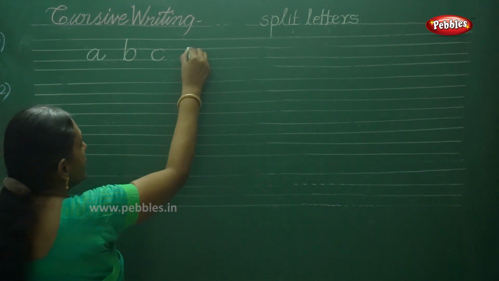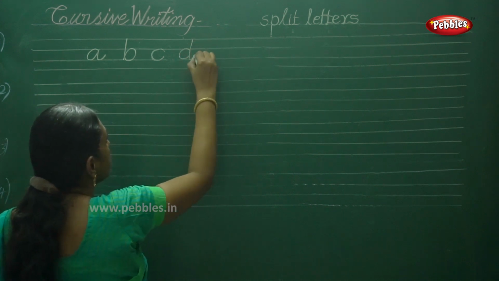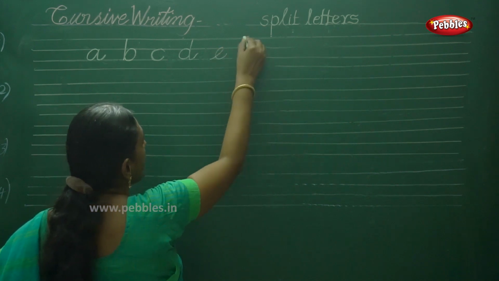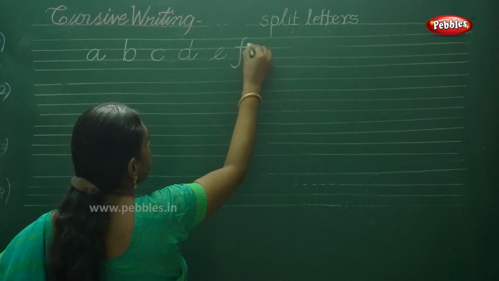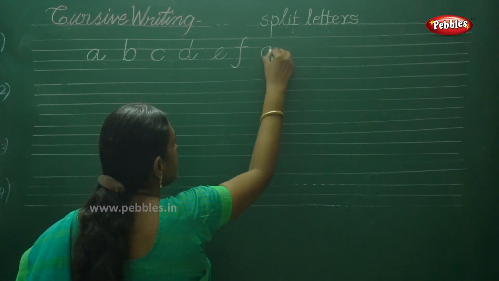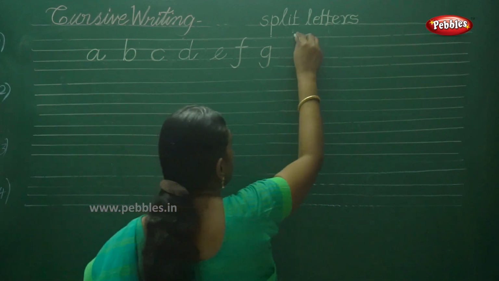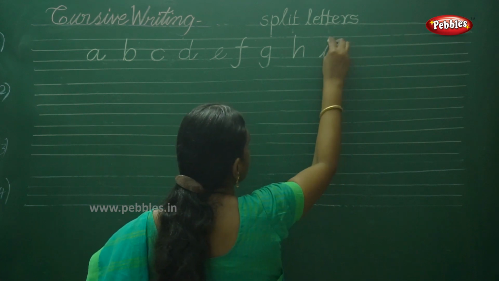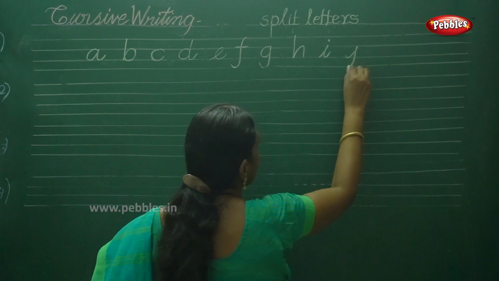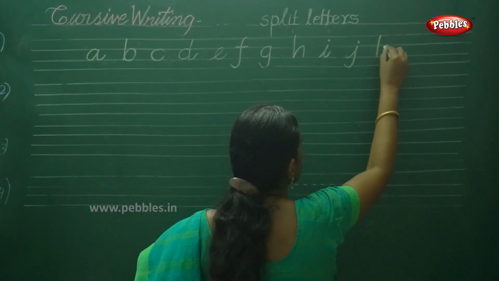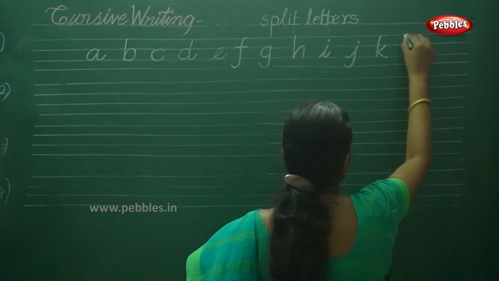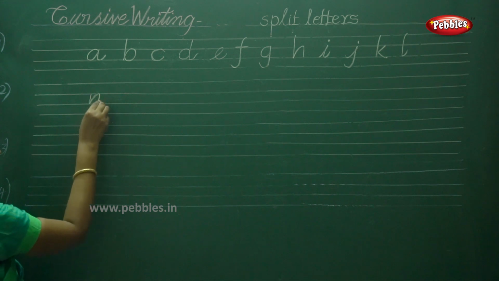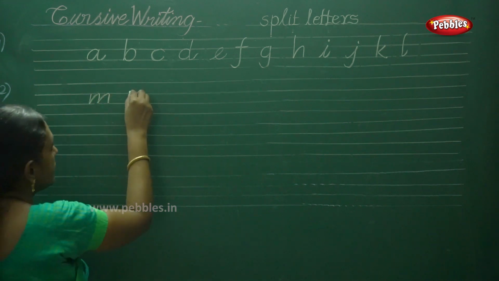Okay, D and E, okay, and F, normal F, and G and H, okay, and I and J. Next one is K, L, okay, normal M and N.